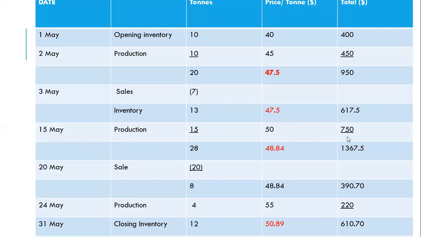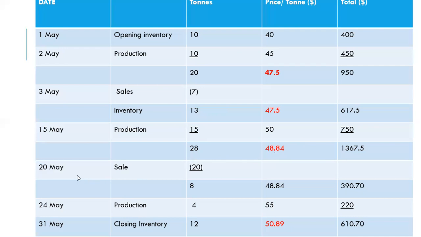So 750 plus 617.5 gives our new total inventory valuation of 1367.5. If we add the total inventory, the opening inventory plus production, this is 28. So you divide 1367.5 by 28. You can try that with your calculator. What you will get as the new average unit price is $48.84.